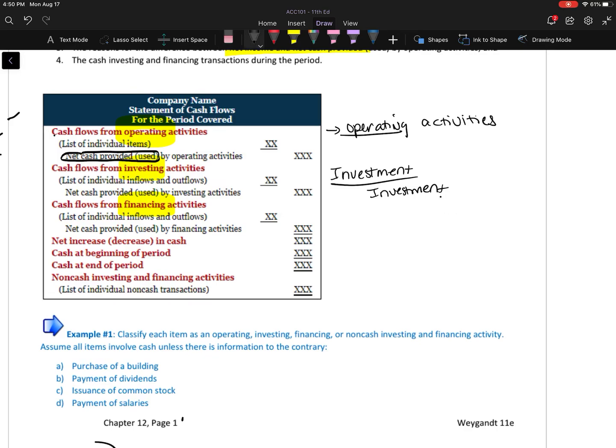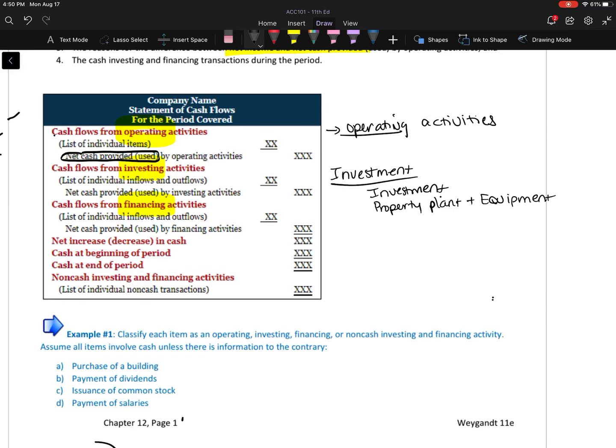Companies do the same thing with their extra cash. They might buy investments in another company. They could buy the stocks or bonds of another company, or they might invest in property, plant, and equipment.